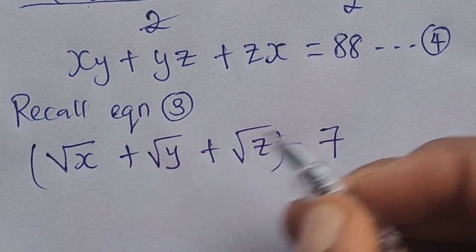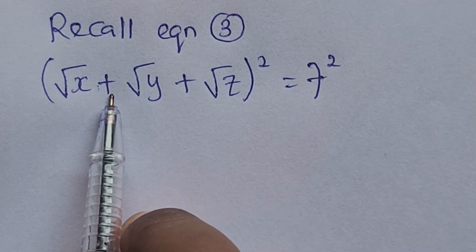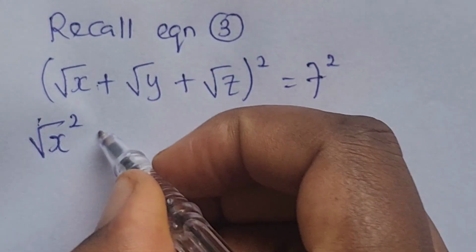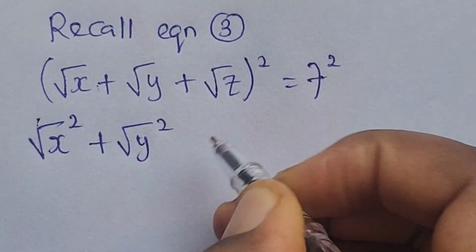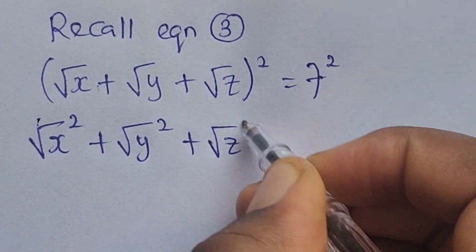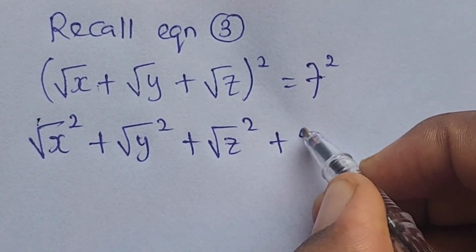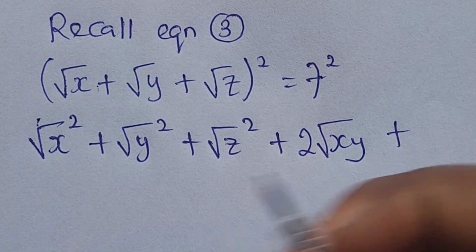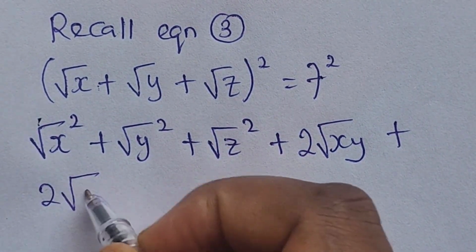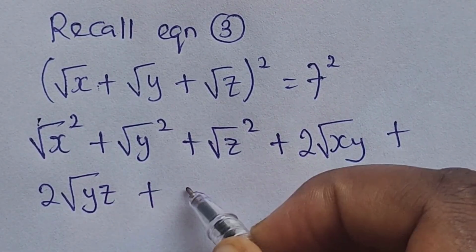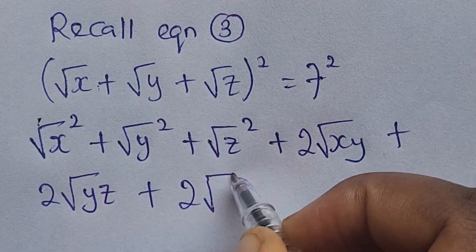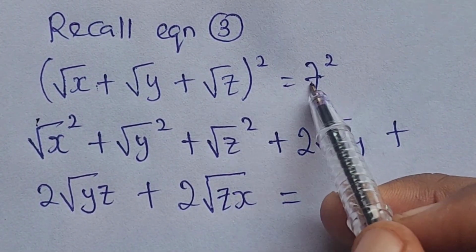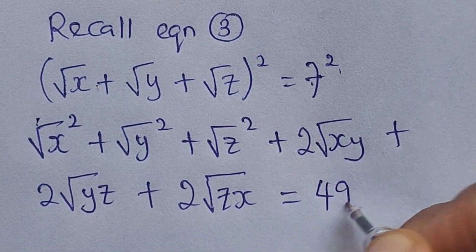When we square this, we'll expand it to have root x squared plus root y squared plus root z squared plus 2 times root xy plus 2 times root yz plus 2 times root zx, which is equal to 7 to the power of 2, this is 49.